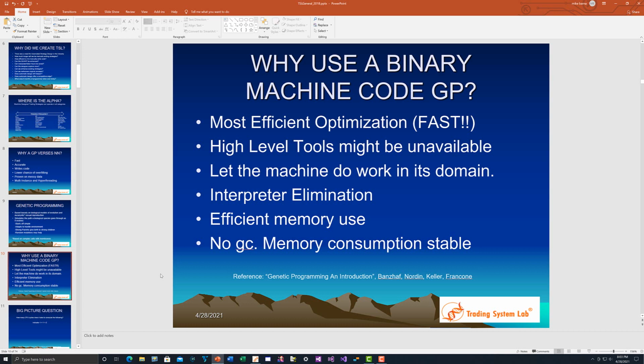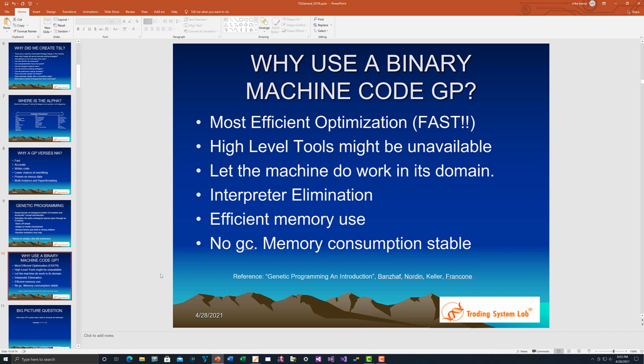Well, higher level tools might be unavailable, and we're letting the machine do the work in its domain, working initially on our initial prototypes with just zeros and ones. Nothing is better from a machine standpoint than allowing the CPU to work with zeros and ones or integers or booleans. It's very fast at that level, and we needed speed.